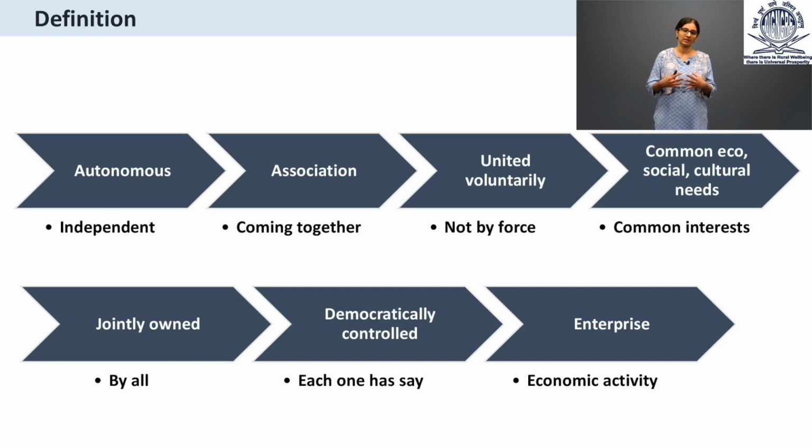And how have they come together, or in what form? Through a jointly owned, which means owned by all the persons, and democratically controlled, each person has a say, enterprise, and enterprise indicating economic activity. So, that is what it is, an autonomous association of persons united voluntarily to meet their common economic, social, cultural needs and aspirations through a jointly owned and democratically controlled enterprise.